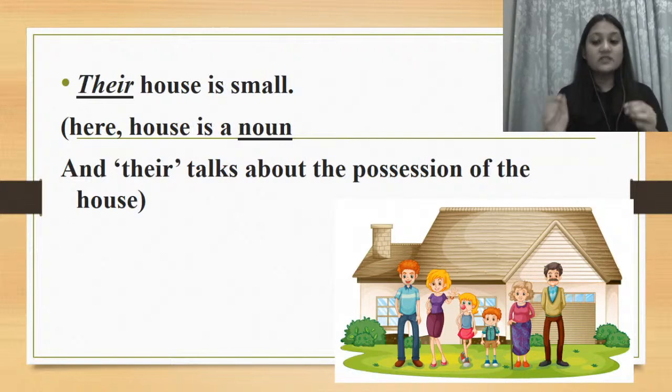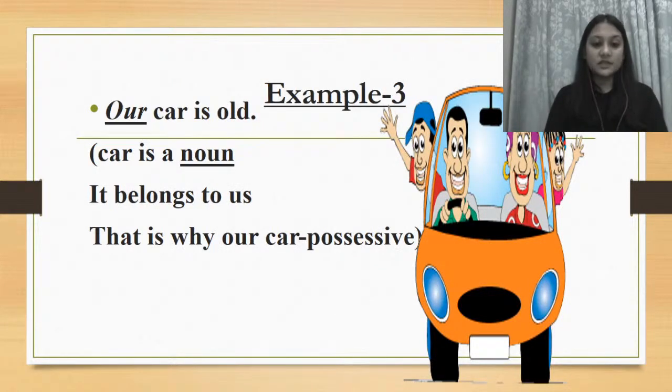Here we have just come to know that possessive talks about the possession of the noun, right? So if there is a noun, just before that there will be a possession. Now, sample 3. Our car is old. Definitely, what is the noun here? It is car.